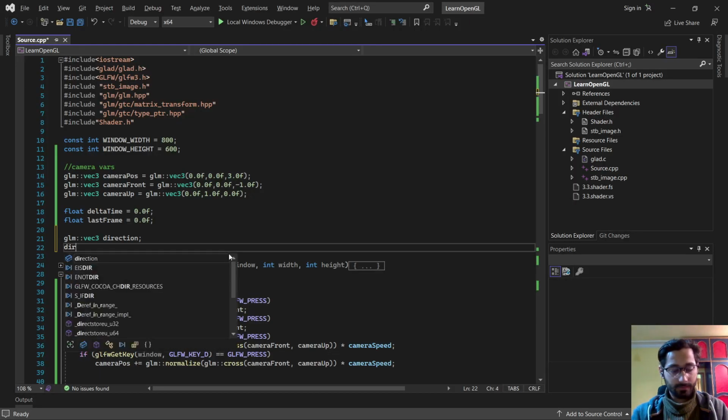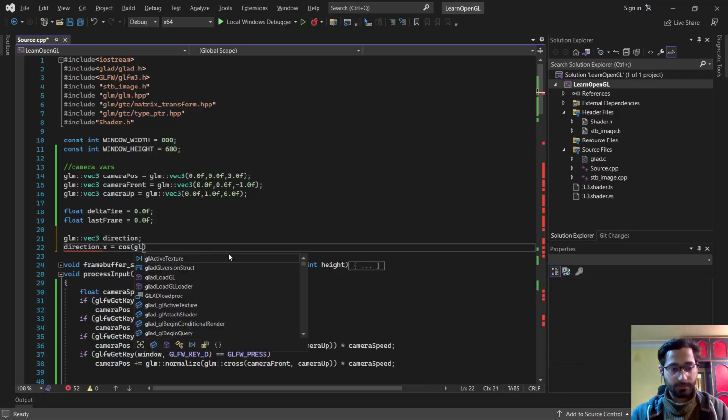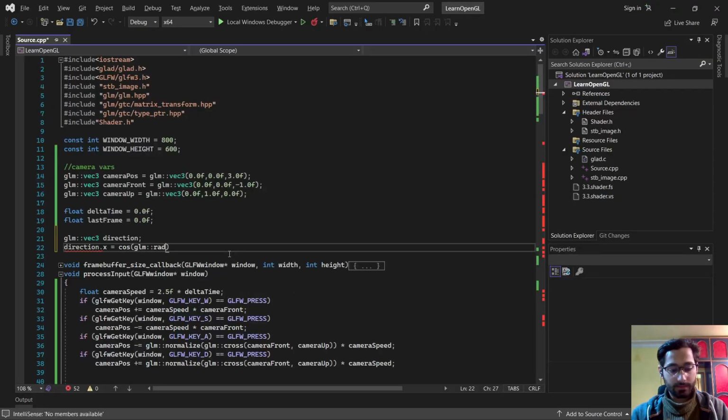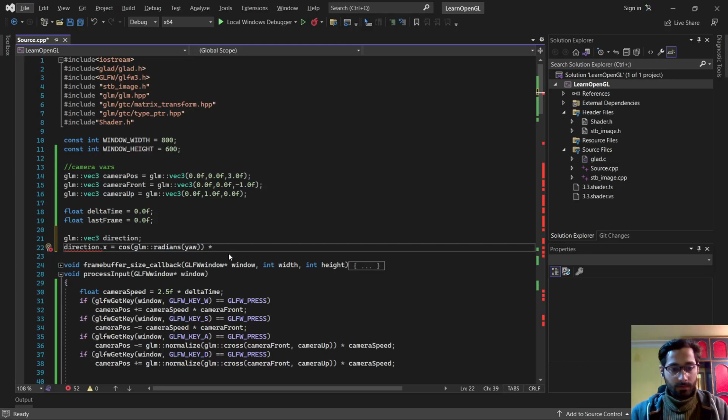Then to combine these, this is the final thing. Direction.x is equal to cos of glm radians yaw, which we haven't defined yet, and multiply that by cos of pitch.